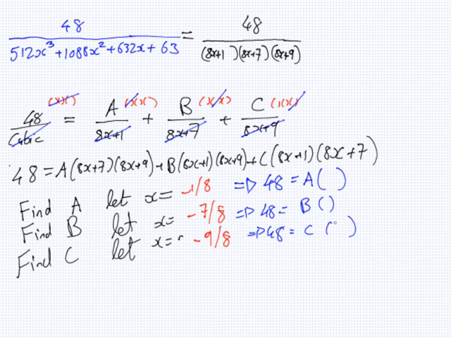Right, so when I put in minus 1 over 8, I'll get 48 equals 48A. When I put in minus 7 over 8, I'll get 0B. And then when I put in minus 9 over 8, minus 48. Interesting, 0 again, just by weird accident. So, therefore, what does the A equal?